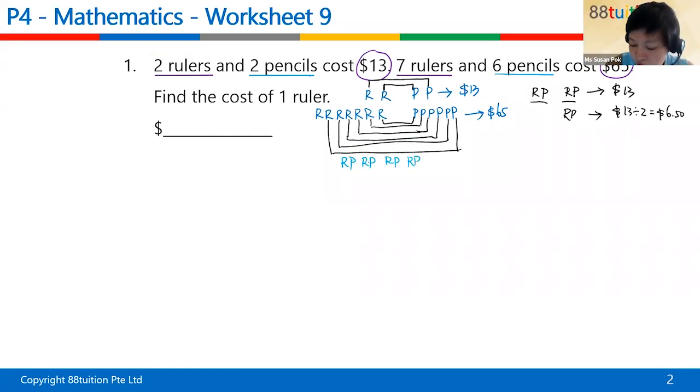I put all RP: 1, 2, 3, 4, 5, 6. Do you know how I do this or not? I just rearrange into RP. But there is one R in the front that is a single one out.